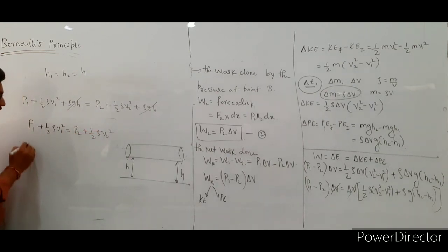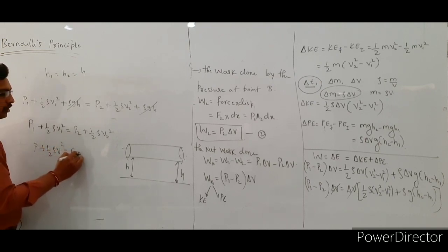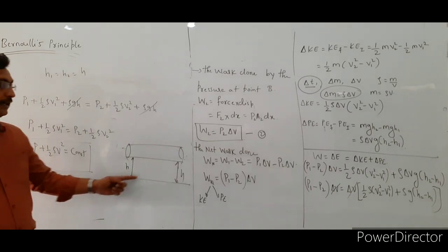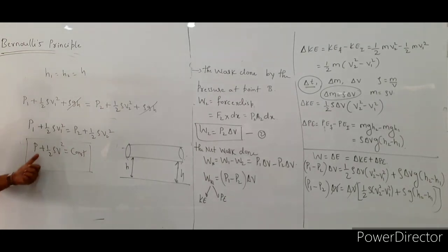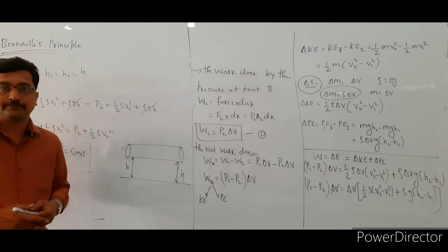So in general, it can be written as P + 1/2 ρV² equals constant. It is for a horizontal pipe. If the height at the two sides of the tube is the same, the expression becomes P + 1/2 ρV² equals constant.